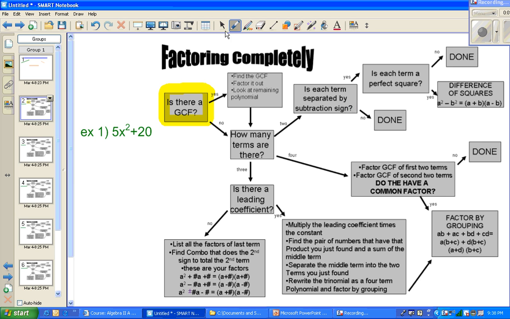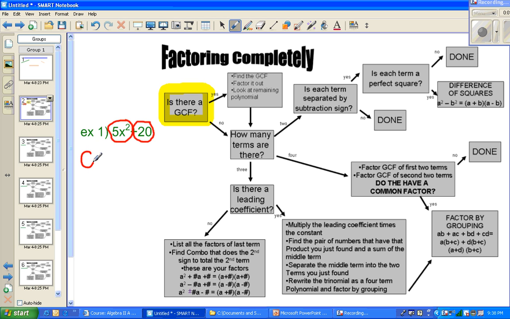And depending upon the answers that you get, you're not sure where you might end up. So the question is, is there a GCF in this quadratic that we're looking at right now? If you look at the two terms, our first term is 5x squared, and our second term is 20. The question there is, is there a greatest common factor between 5x squared and 20?